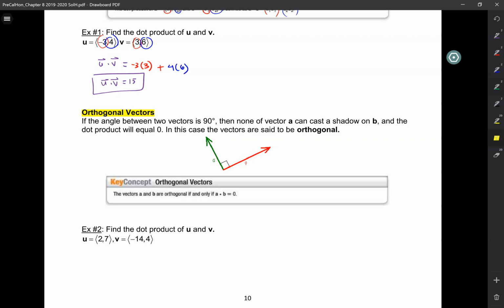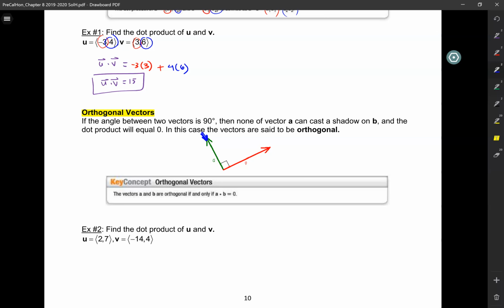So let's talk about orthogonal vectors. Now I have these two that are orthogonal, and suppose I cast my light perpendicular to the bottom vector. How much of a shadow is U going to cast on V? None.